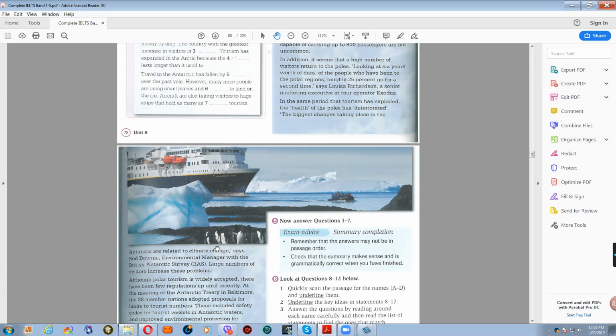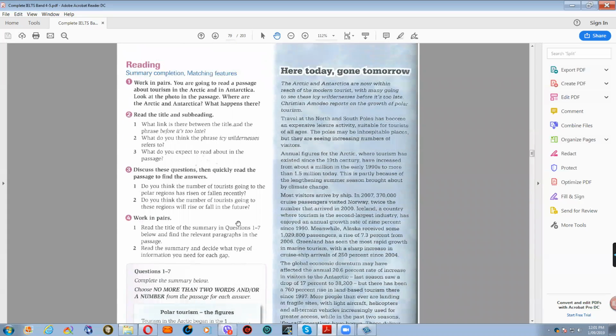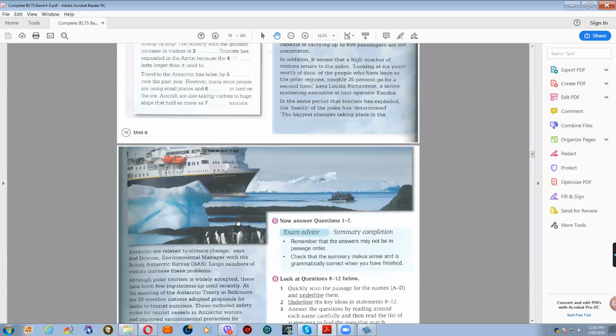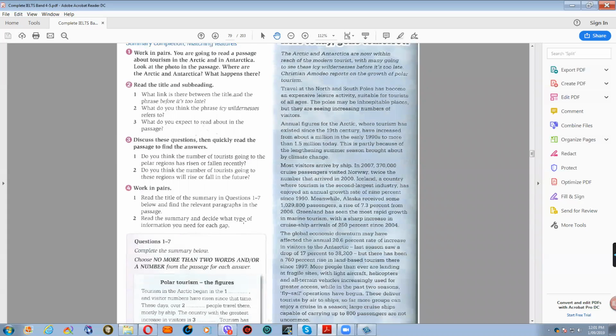It's really cold, but penguins live in the Antarctic. Okay.